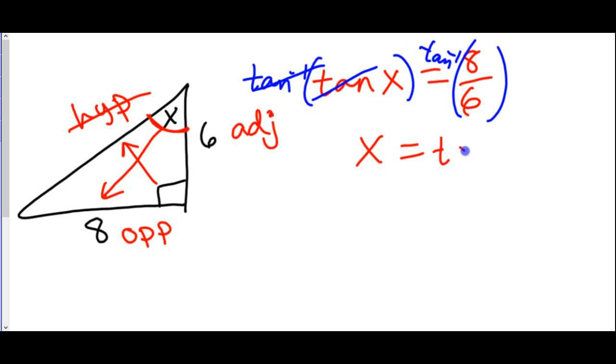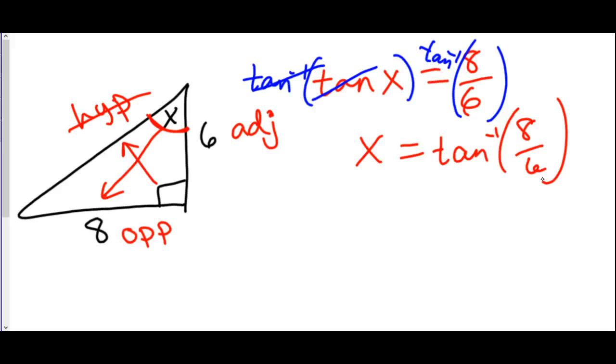The other side, tan inverse of 8/6, you're just going to have to plug into a calculator. When you plug it into a calculator, usually you have to use some sort of second or inverse button. It'll either have second or it'll have INV for inverse. You'd have to hit second, and then usually it's in the same spot as tangent.